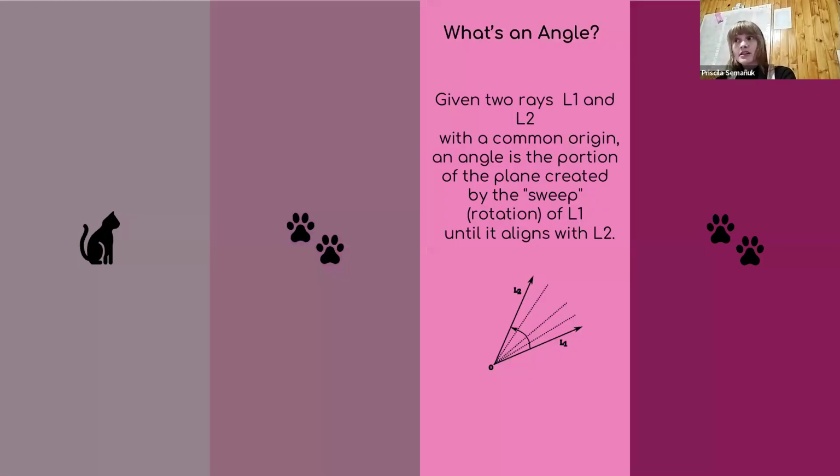We also have another definition: given two rays, L1 and L2, with a common origin, like we said, the vertex, an angle is the portion of the plane created by the sweep rotation of L1 until it lies with L2. For example, I have this, okay? You see my hand? We have L1 and L2. And if I sweep it, I have this small part, and that will be the angle.